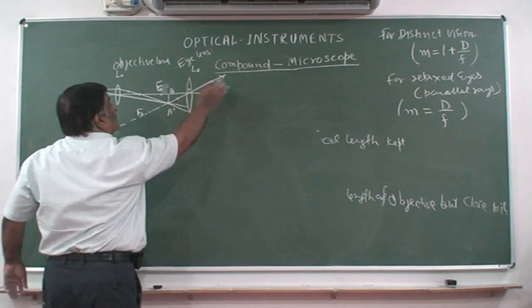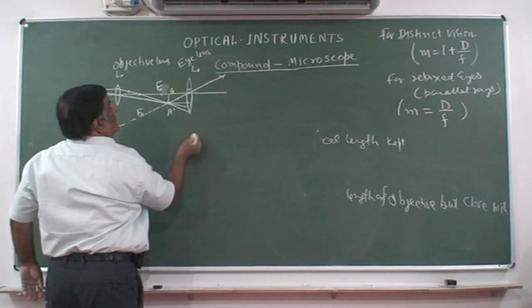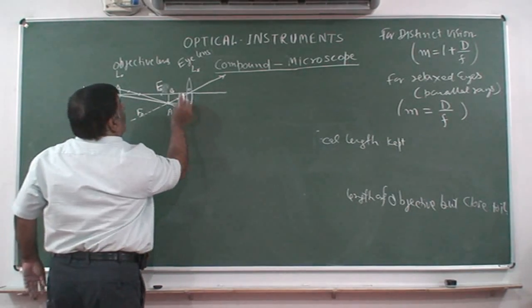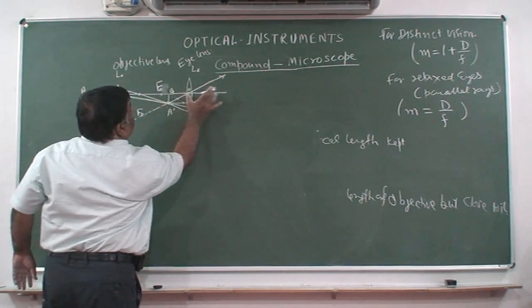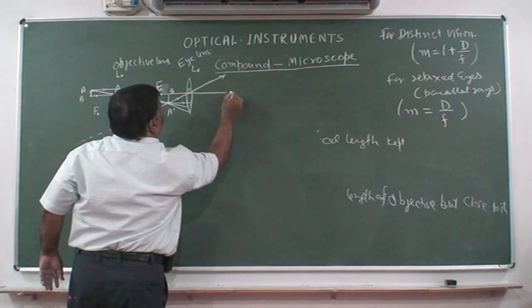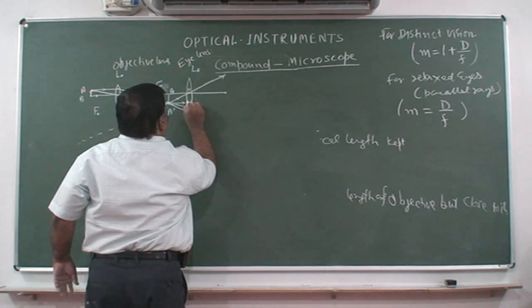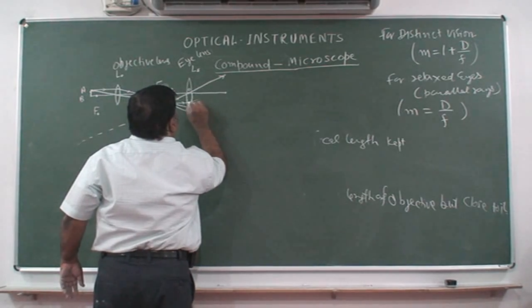Okay, but this is one ray. What about the other ray? We take another ray, parallel. This ray is parallel, and this is the focal length, and here is the focus. So if the focus is here, then this ray will go through the focus like this.